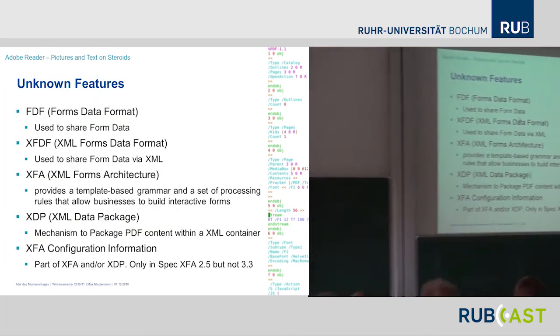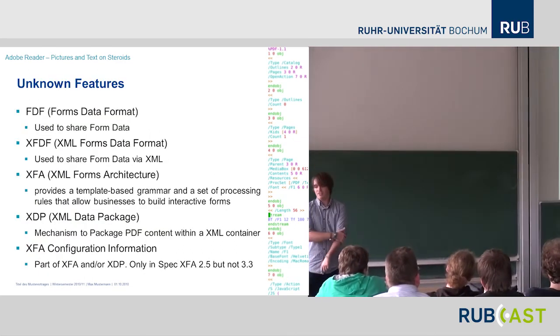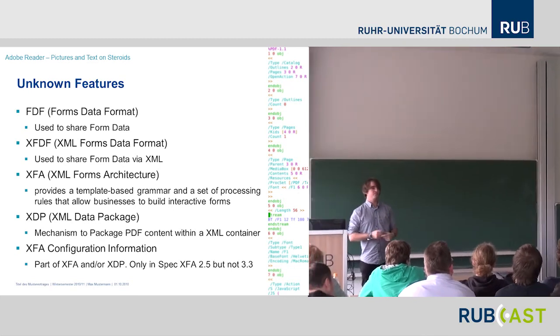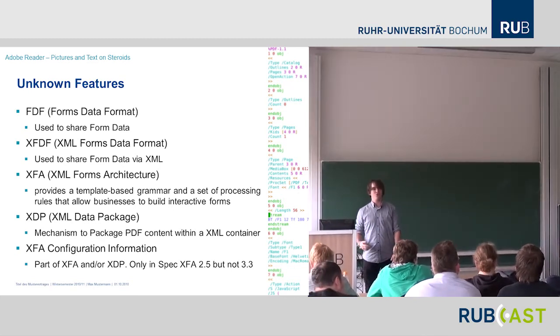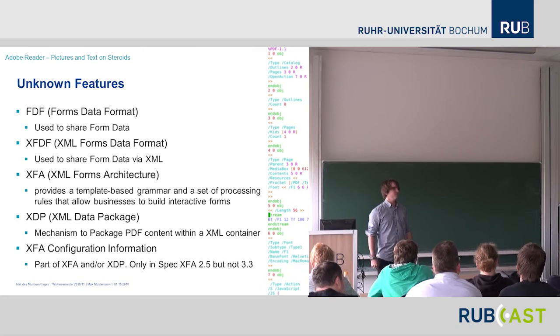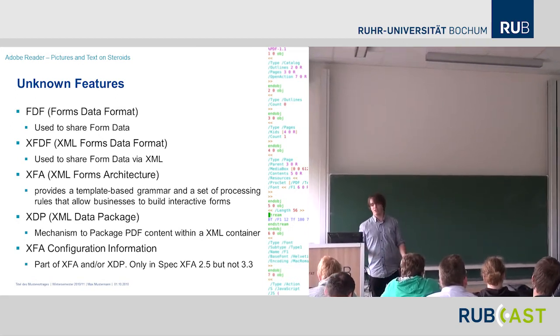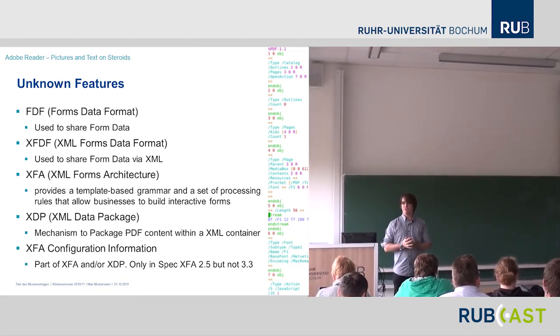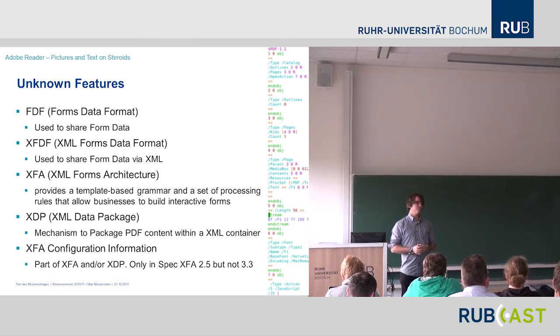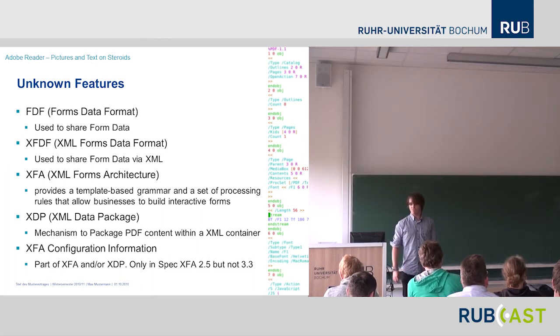So let's talk about the other features. So there is FDF, which is used to share form data. Then there is XFDF, also the same thing, but in XML. Then there is XFA, also for form data, but you can also execute scripts, actually two scripts, two different languages. Then there is XDP.